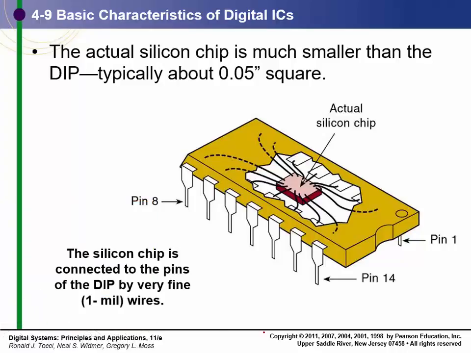You see these bonds here, and these bonds are about the size of a human hair. And this is all automated. So a lot of this work is done here, in KL.